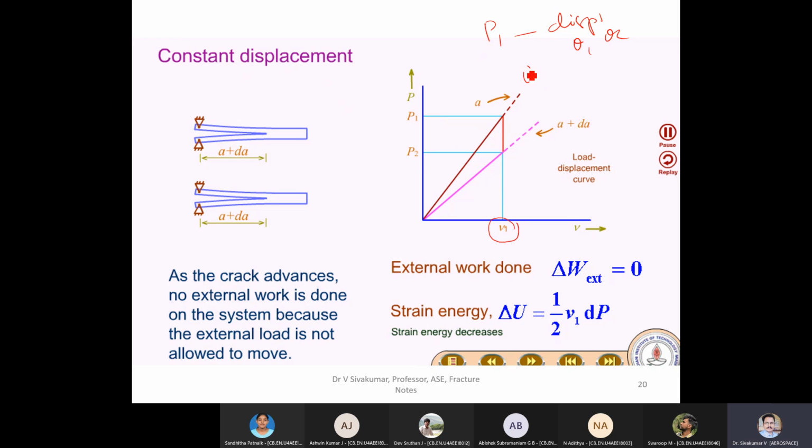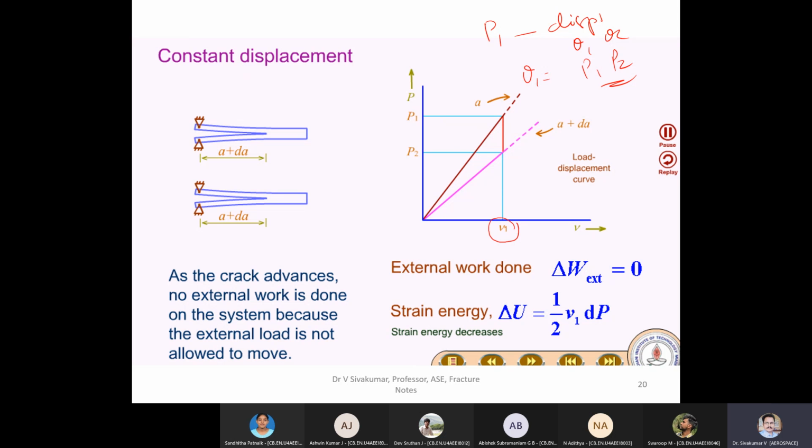Here at V1, what is P1, what is P2? At a particular instant of displacement I have two loads, whereas in the earlier case, at a particular load I have two displacements.